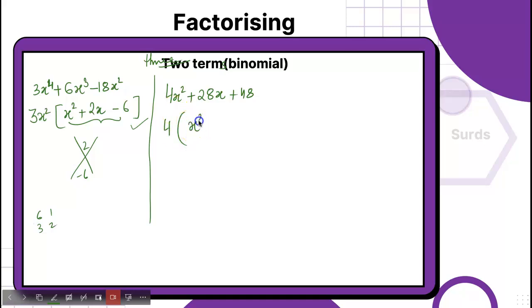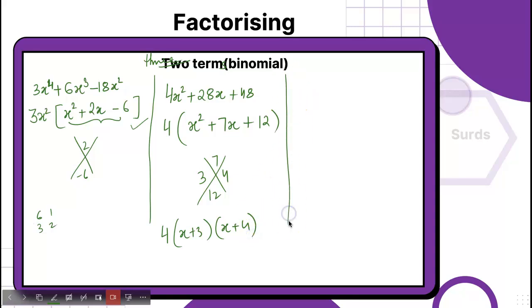So it would be x squared plus 7x plus 12. Okay, what multiplies to give you 12 and adds to give you 7? I think 3 and 4. Yeah, we can further simplify that. 4 outside, it would be x plus 3, x plus 4, all positive. So you will be getting factors positive as well.